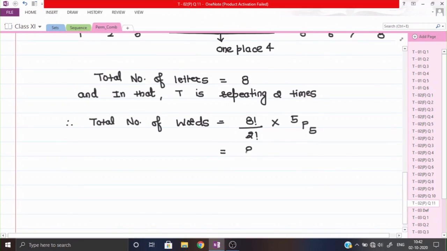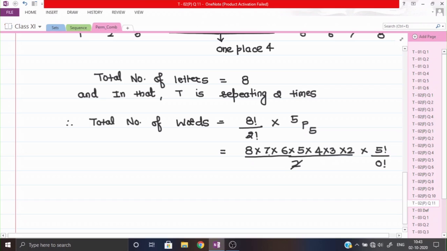For example, factorial 8, if I simplify, is 8 into 7 into 6 into 5 into 4 into 3 into 2 upon factorial 2, and into 5P5, that is factorial 5 upon factorial of 5 minus 5, that is factorial 0. We are using the nPr formula here.